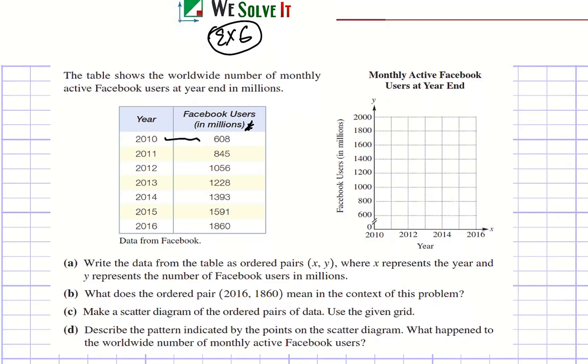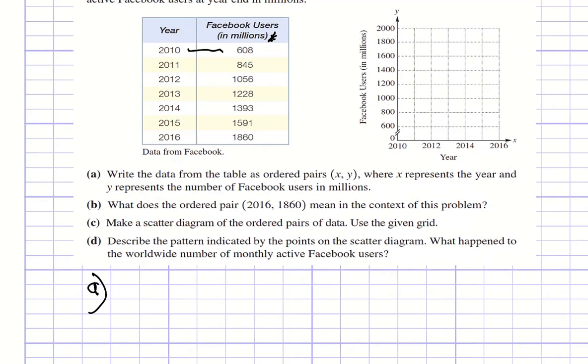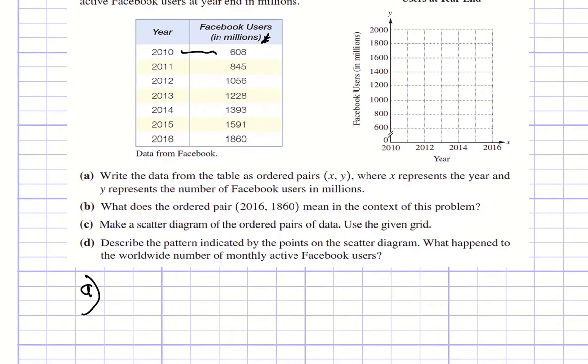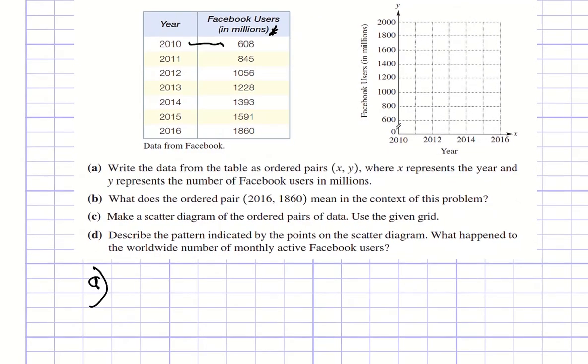That's A. You don't have to write the whole million, but you will know it's in millions. So for 2010 it will be 2010, and then 608. That's all they want.